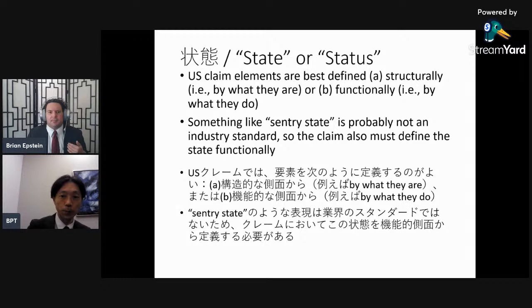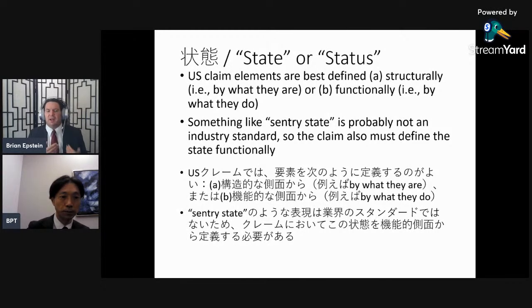So when we talk about things like sentry state, that's probably not an industry standard. This one was taken from a car as a sentry state. Something like an on state might have some sort of industry standard, but we see this a lot where there are different modes that are described in the claims or patent application.